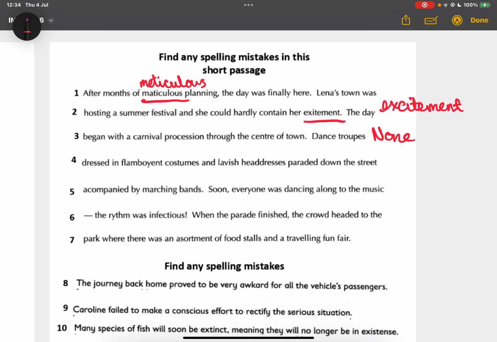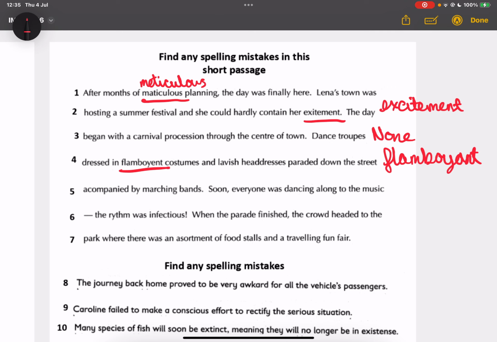4. Dressed in flamboyant costumes and lavish headdresses, paraded down the street. This one is flamboyant. So flamboyant should be spelled FLAMBOYANT. Flamboyant. 5, I mean.